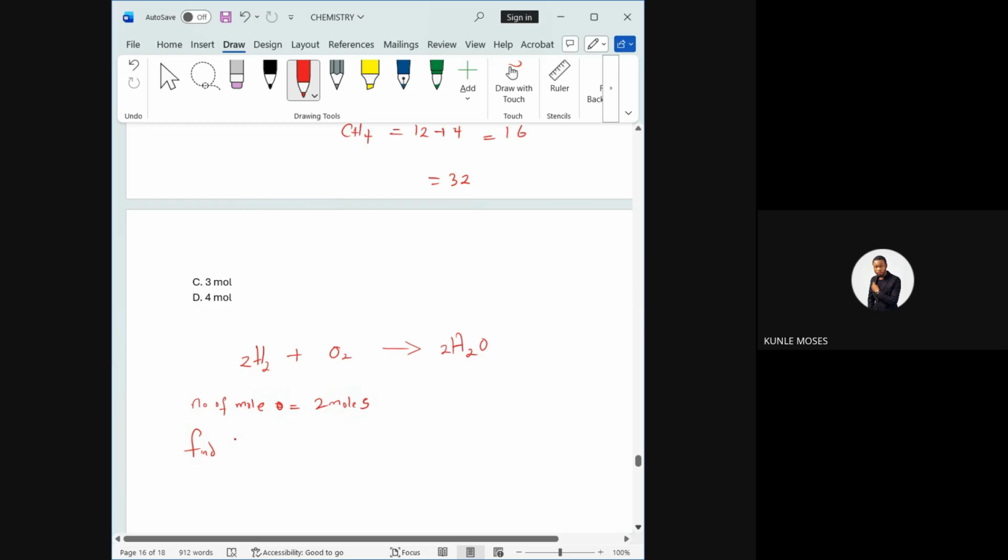This is a very technical question, but it's very simple. And these are what the exam will be asking you. So quickly write this thing down. Find the mass of oxygen, the mass of hydrogen.